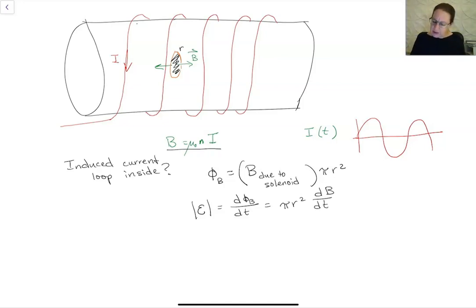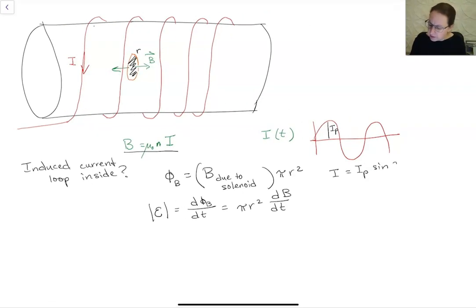Now in this case, our I is going to be given by I is equal to some peak value, I peak, times, let's say that looks like a sine, could be sine or cosine, doesn't matter, sine of 2 pi times the frequency times time. And frequency is 60 hertz here.